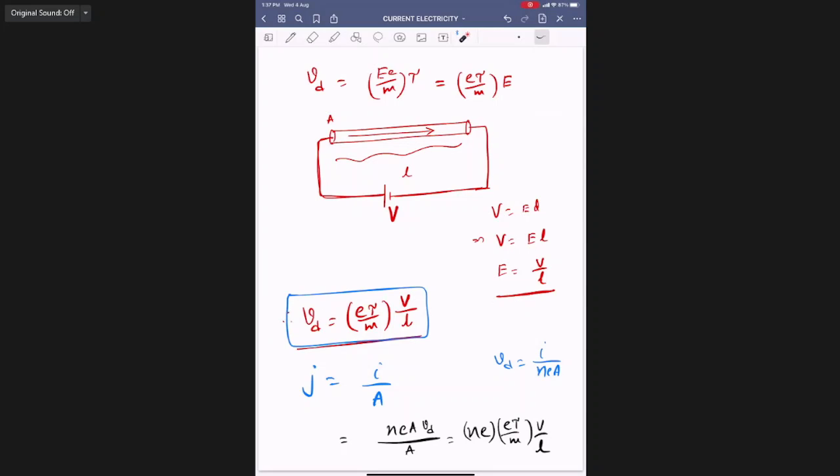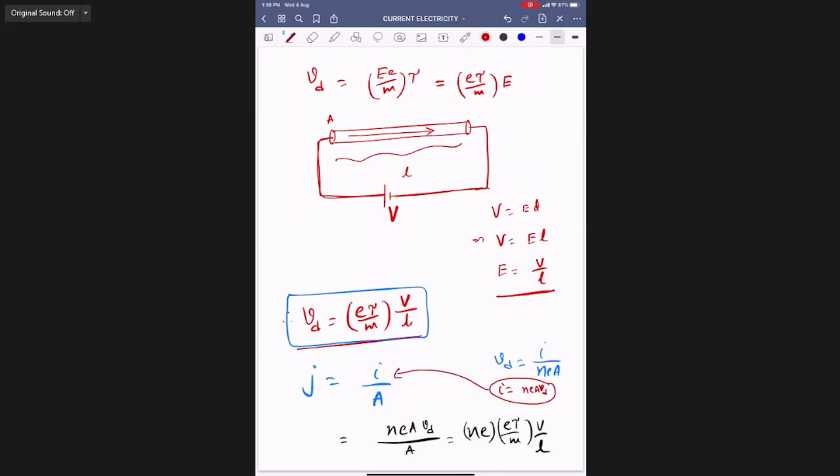What is J? J is I by A, and vd is I by how much? neA. Got it? So J can be written as I by A. What is I from this one? I equal to neA into vd only.